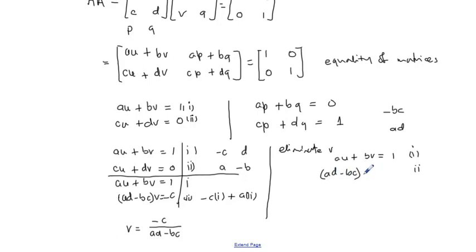So get this as d. And then conclusion, u is d over ad minus bc. Just look at the beauty. The denominator is the same. The beautiful thing about this is that the denominator is the same.